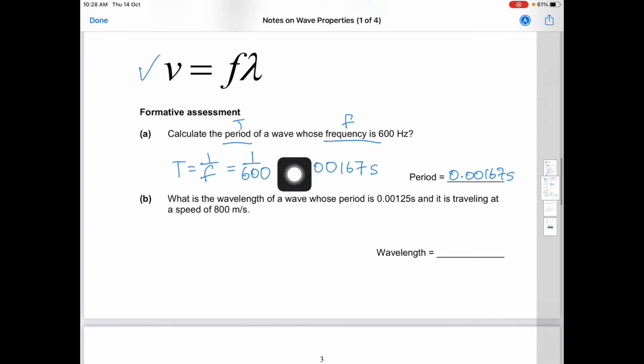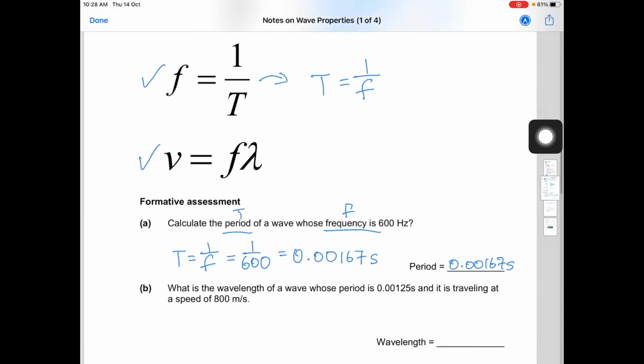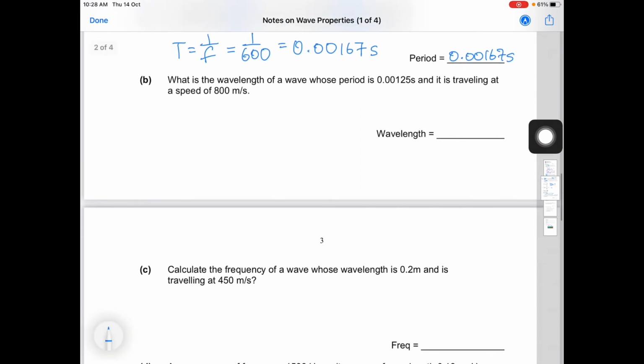Next, let's look at part B. What is the wavelength, lambda, whose period T is such a number and traveling at speed v of 800 meters per second? So let's go through the formulas. We have v equals f lambda.